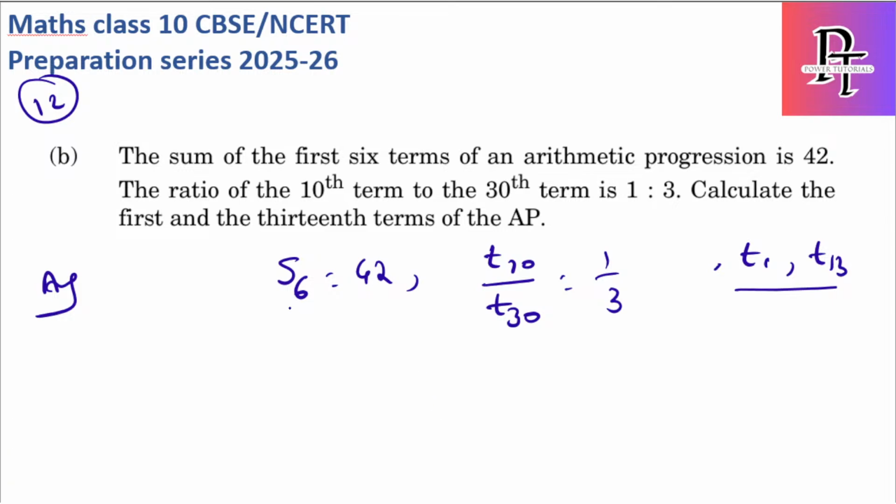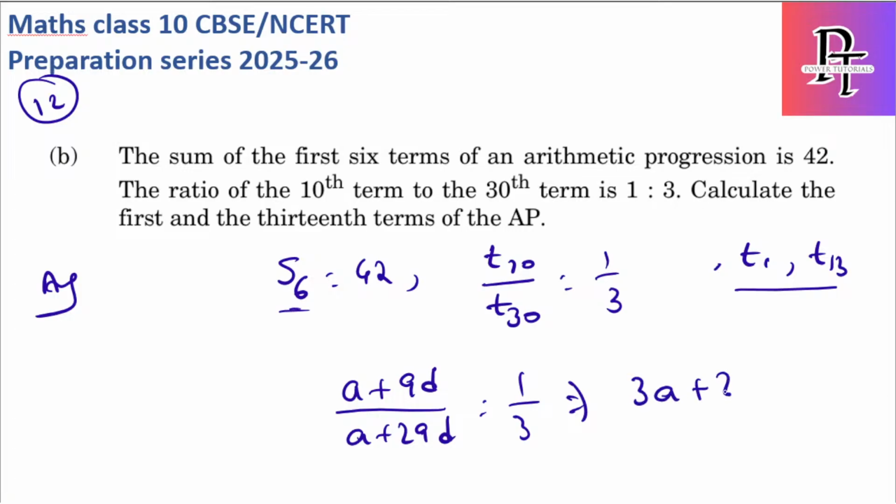Okay, so what is the sum of 6 terms? Before going to this, let's use this ratio and get some relation between a and d. What is T10? T10 is a plus (n minus 1) d, which is a plus 9d, divided by a plus 29d, and the ratio is 1 by 3. So let's cross multiply. I will get 3a plus 27d is equal to a plus 29d.